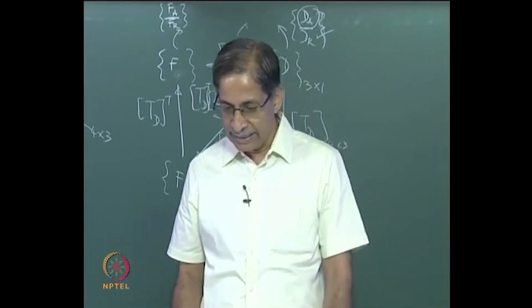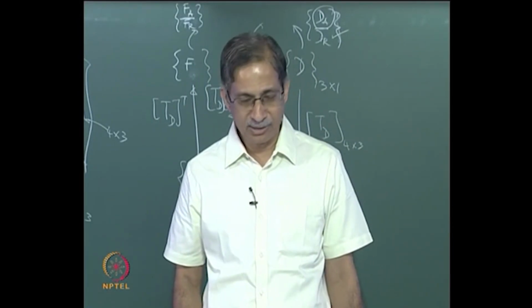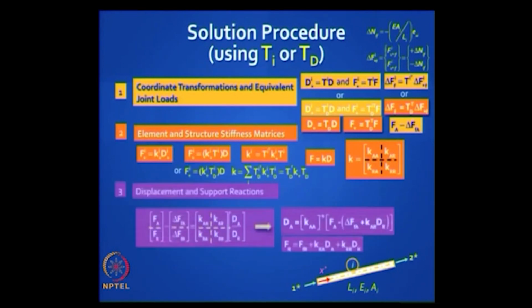If you are doing it by the TD method, everything is the same except you use TD and TD transpose. Then you generate the structure stiffness matrix, you do not have to do any extra work because we have already done this. You can do it either by the TI method or the TD method. Then you apply the basic equilibrium equations. Please note in these equations you have Fa, Fr.